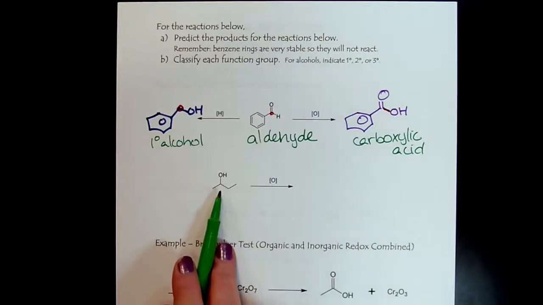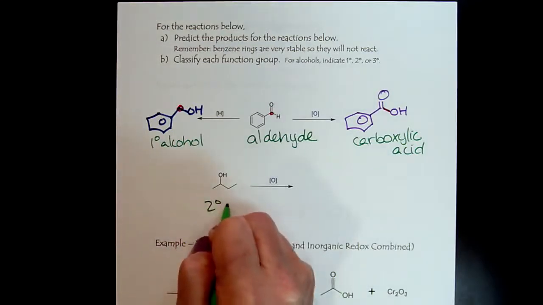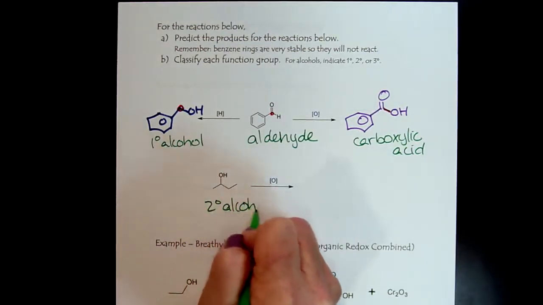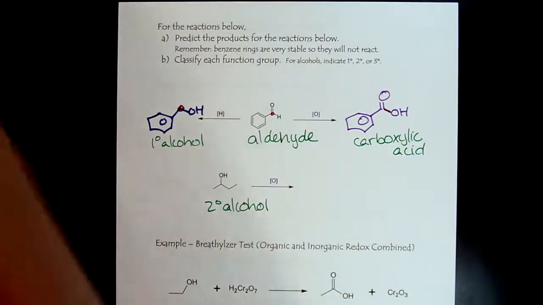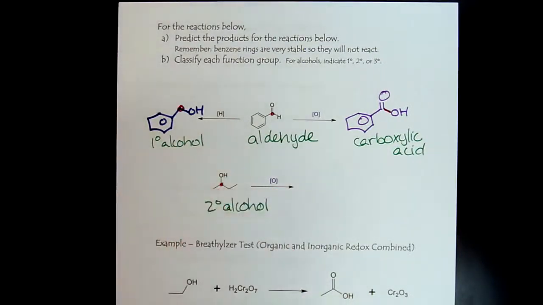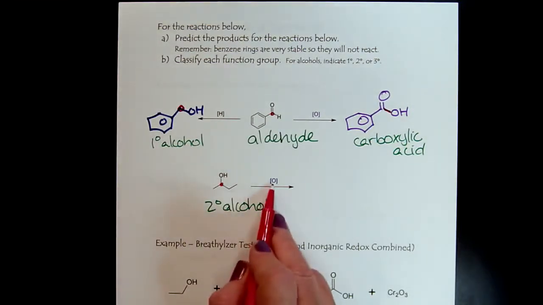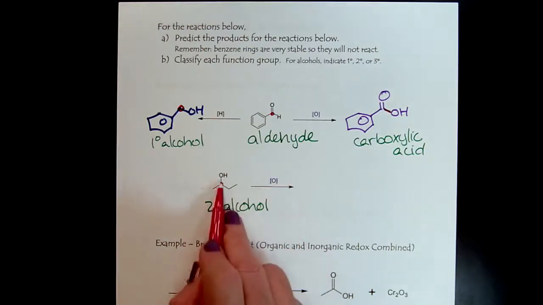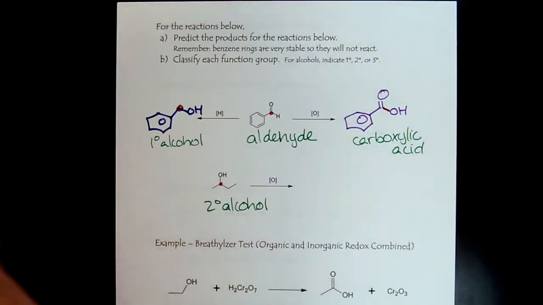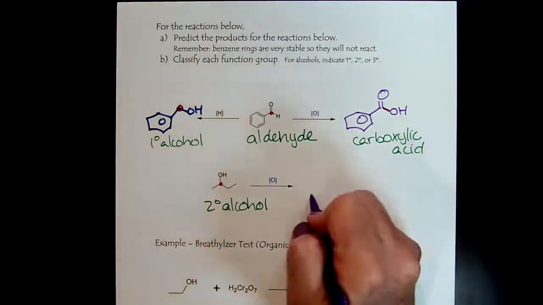Here we have a secondary alcohol, and it helps to focus our attention where the carbon-oxygen bonds are occurring or where we see double bonds where change could take place. We want to oxidize, so we want to increase the number of carbon-oxygen bonds. Well, here we have less options, right?